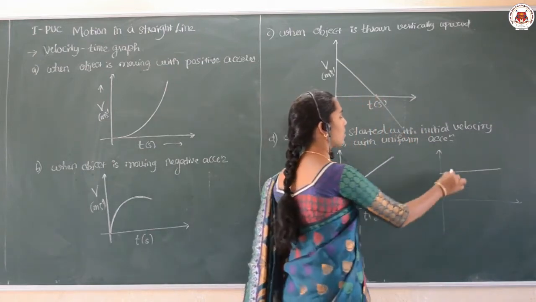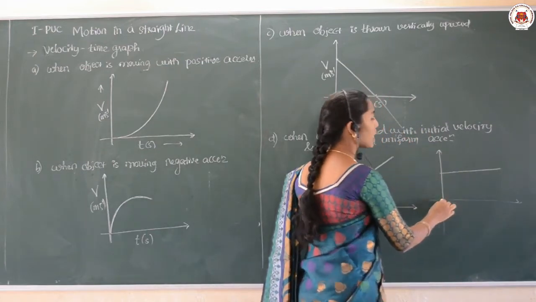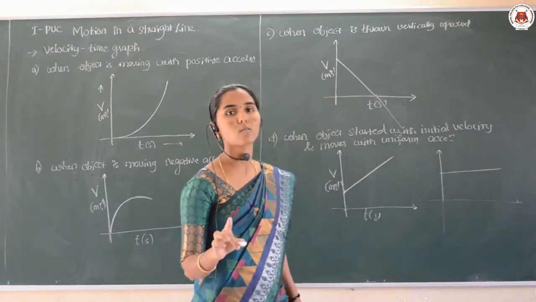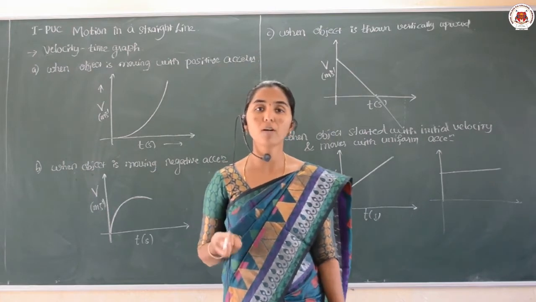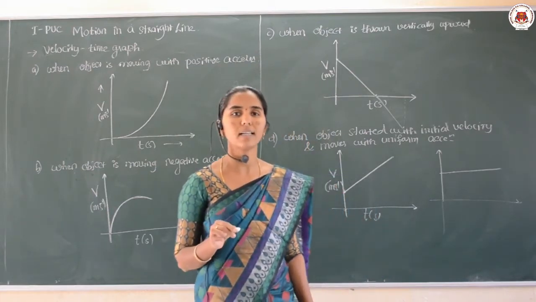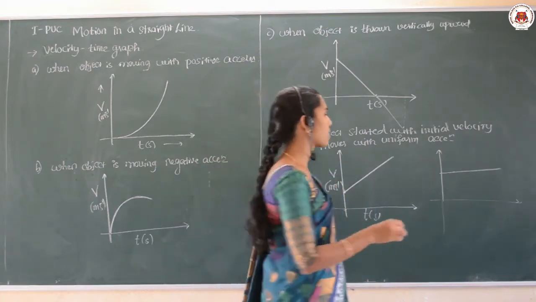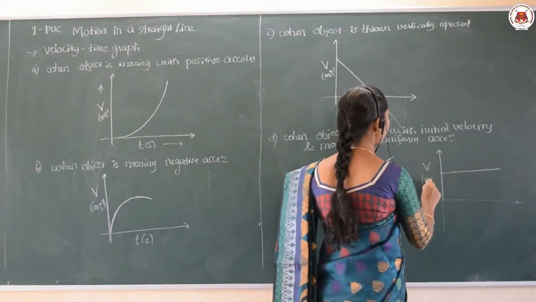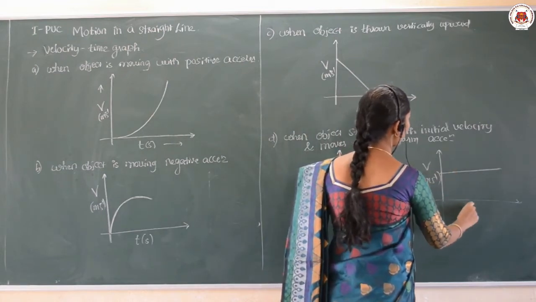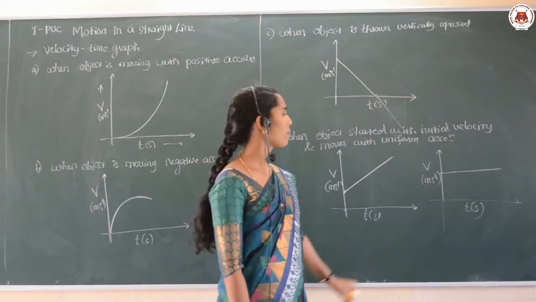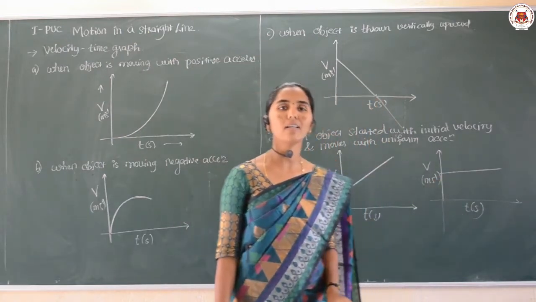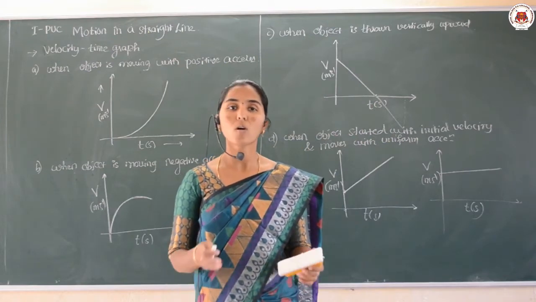So this is an example for zero acceleration also. If the question comes, plot the velocity time graph for zero acceleration, no need to worry. This graph indicates the velocity time graph for zero acceleration, because here the velocity of the body remains constant.